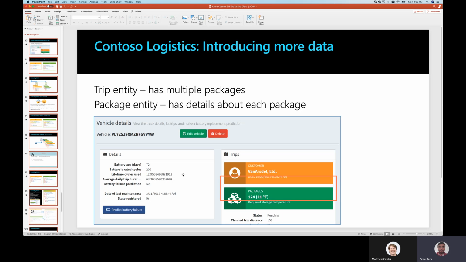In a relational world, you would be tempted to create a primary key foreign key relationship, where you have the trip ID, all these packages in a separate table, and a package ID in the trip table, and you query trip.packageID equal to package.packageID.